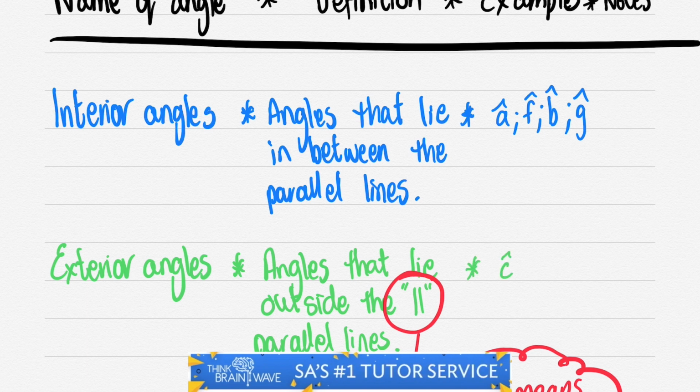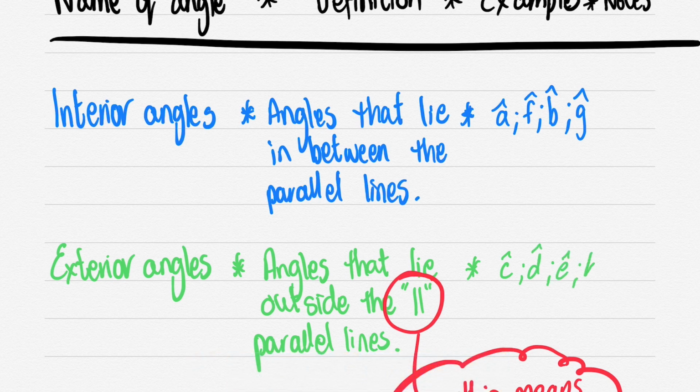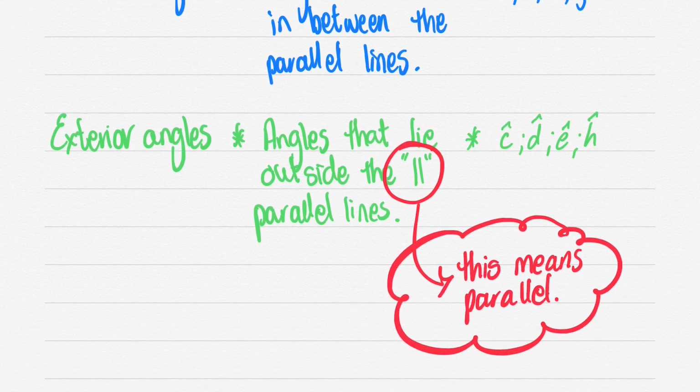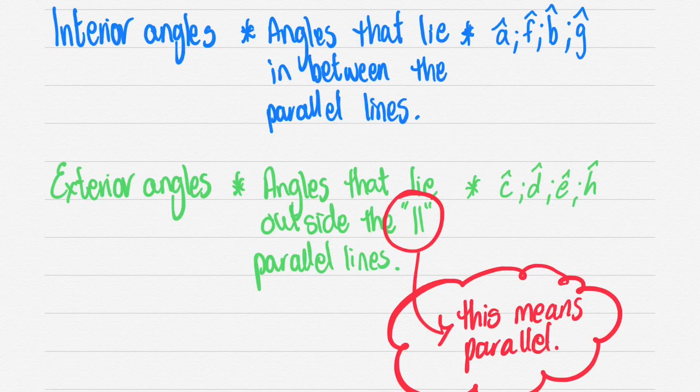Let's draw a star. So we have the likes of the angle C, the angle D, the angles E and the angle H, all denoted with the little hat on top of them to make sure that the reader or the teacher that's busy marking knows that that's an angle and not a side.